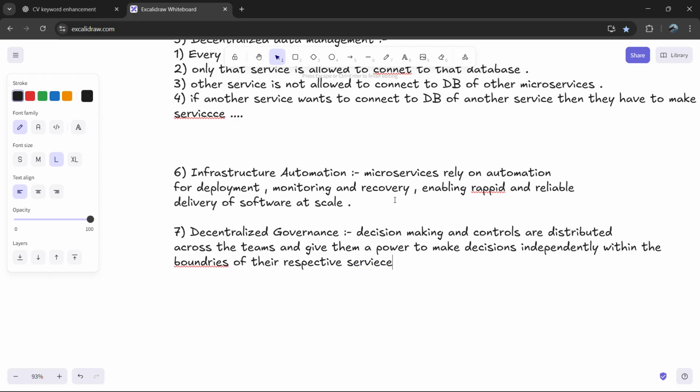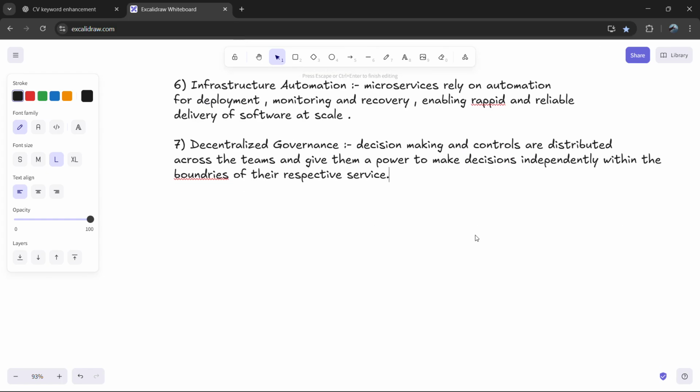Okay, so this is what decentralized governance means. It gives you the decision, the control and the power to use whatever technology you want in your service. So this is decentralized governance.